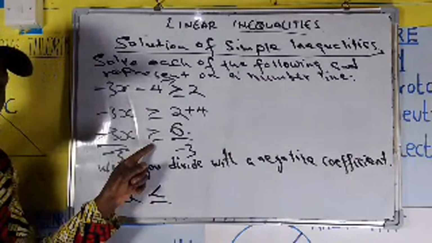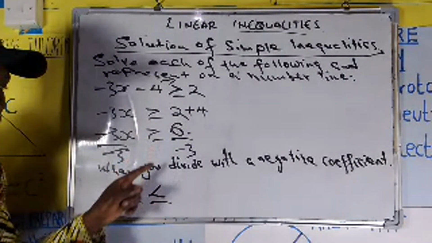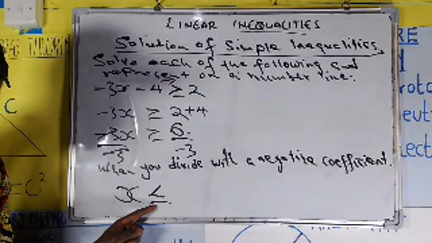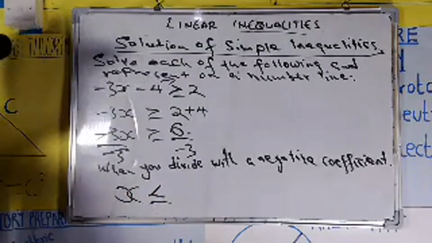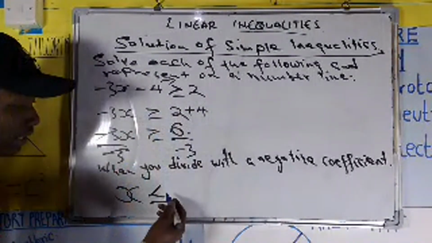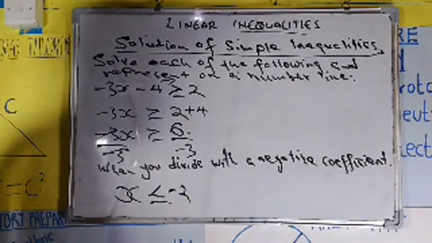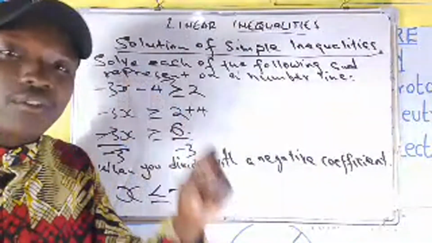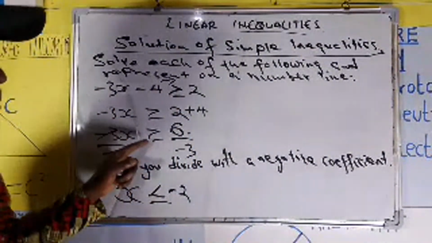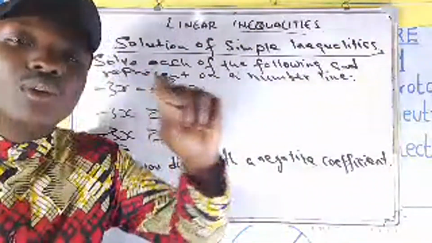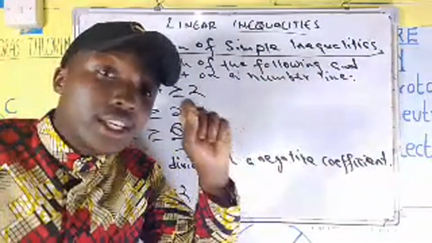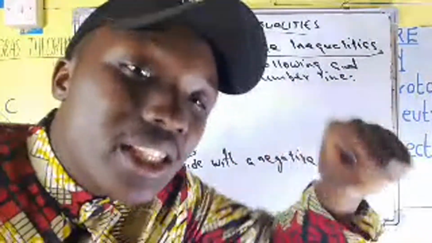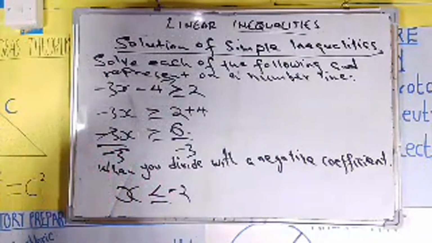Inakuwa opposite of this, inakuwa less than or equal to. 6 divided by negative 3 is negative 2. I hope umeelewa hiyo. Anytime you divide with a negative coefficient, your symbol automatically changes to its opposite.